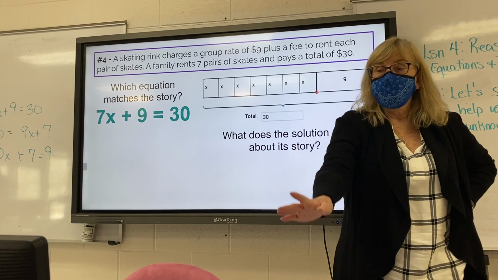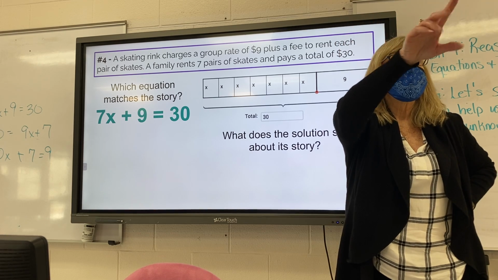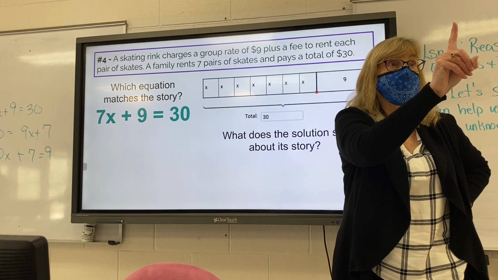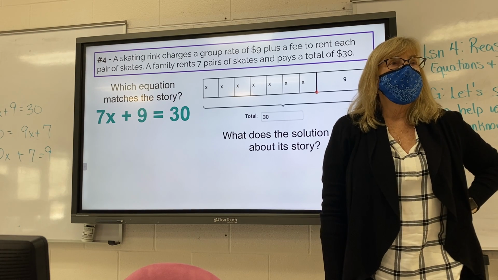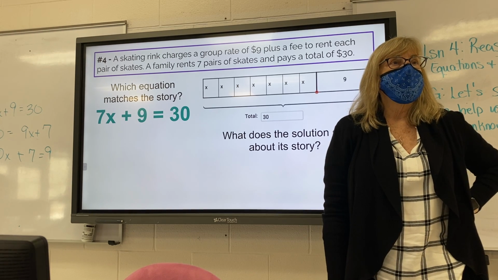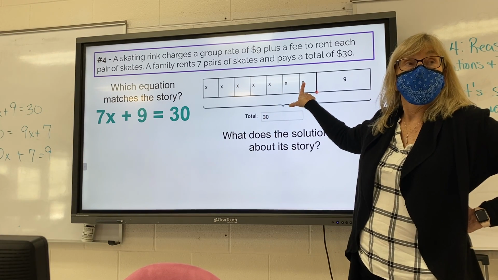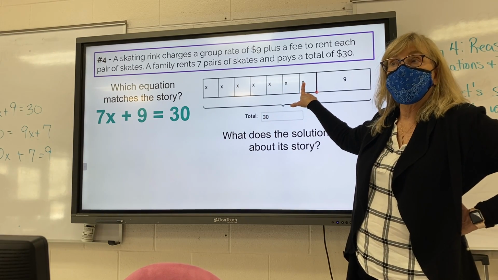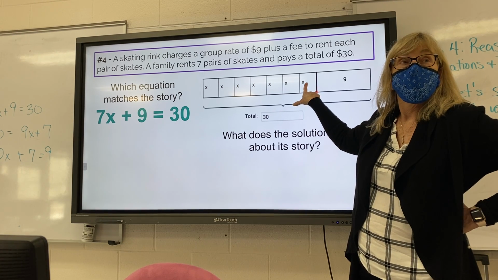For 1 pair of skates, right? So, what does that 3 mean? If X is the cost to rent a pair of skates, what does 3 mean? If X equals 3, what does that mean?